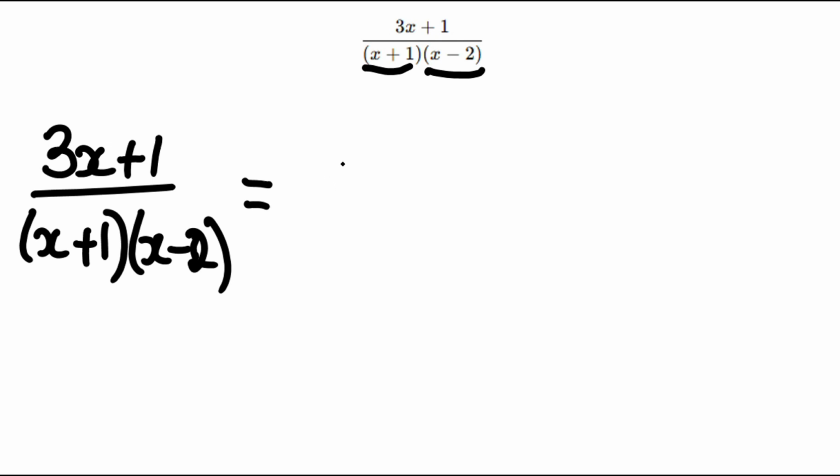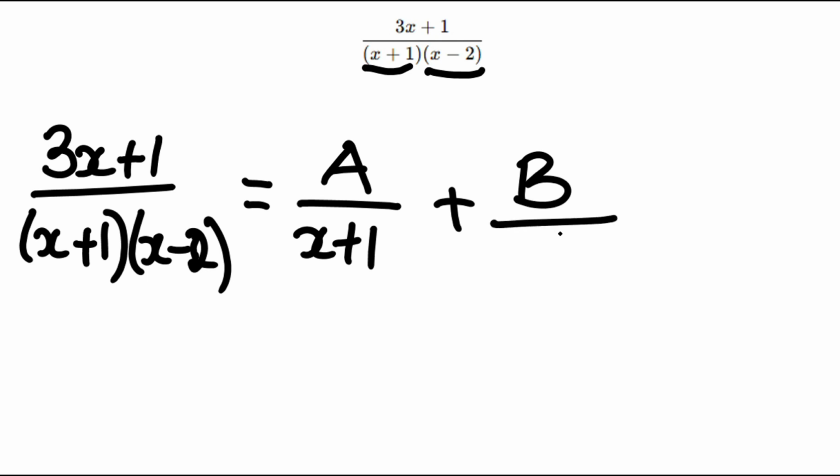Aside x itself, capital letters, we are going to usually start with a. So let's say some a all over the first linear factor, x plus 1, plus b as numerator over the second linear factor. This is what we have in general.